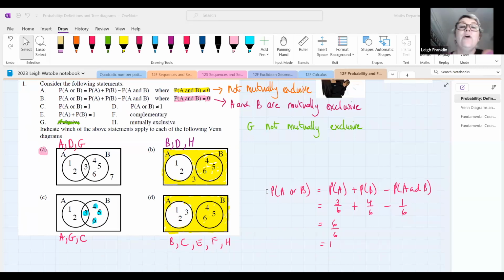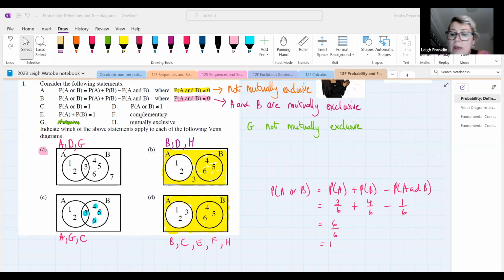So in other words, for something to be complementary, the events need to be mutually exclusive, and all the values need to be either inside the one event or inside the other one. That's the idea behind complementary events.